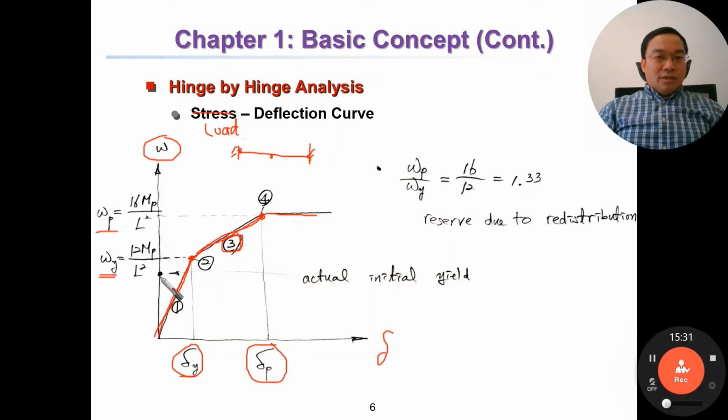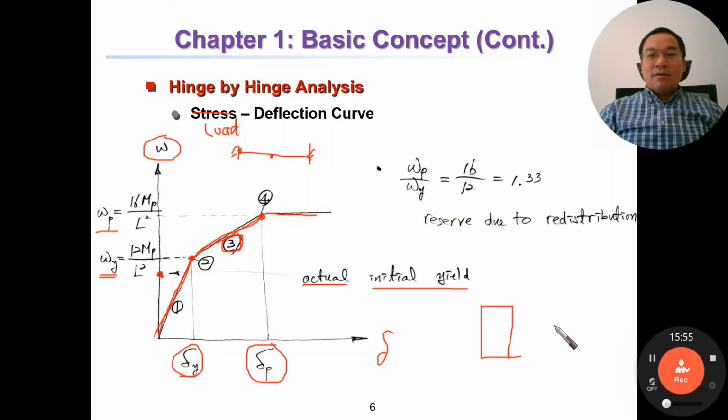Please note that the actual initial yielding is at this point, due to the redistribution of the section. You remember, for example, if we have a rectangular section like this, and in the plastic phase the stress diagram is like this.